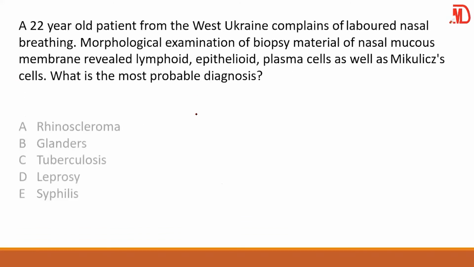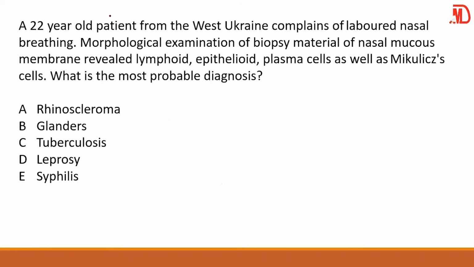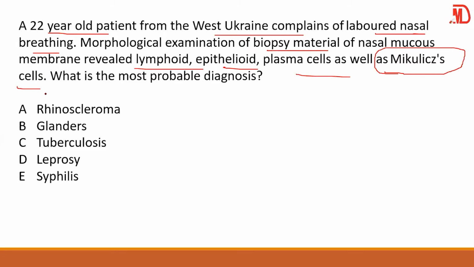I love this question because we have done it and it has been repeated. A 22-year-old from West Ukraine complains of labored nasal breathing. Morphological examination of the biopsy material of the nasal mucosa revealed lymphoid, epithelioid, plasma cells, as well as mucolytic cells. Do you remember when I gave you the different types of specific granulomatosis or granulomas?